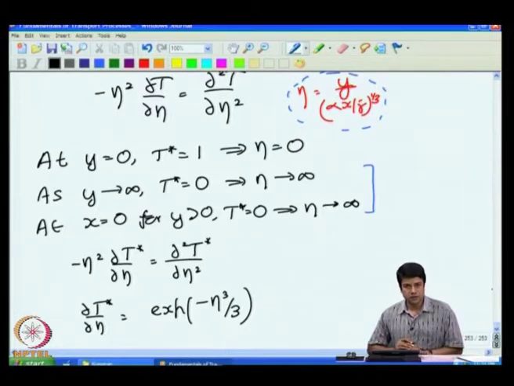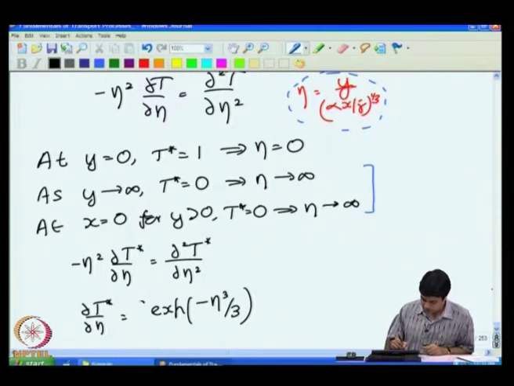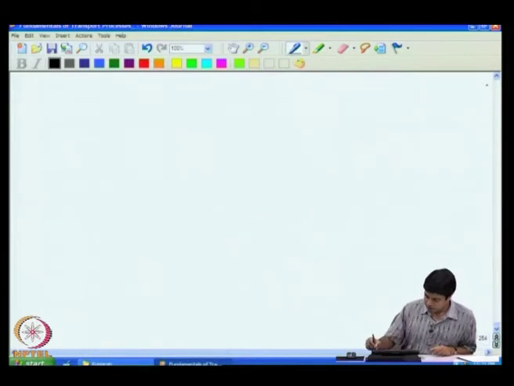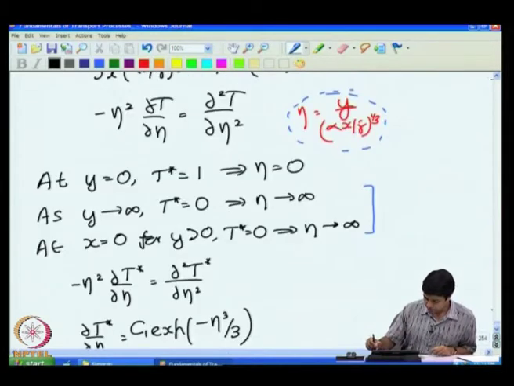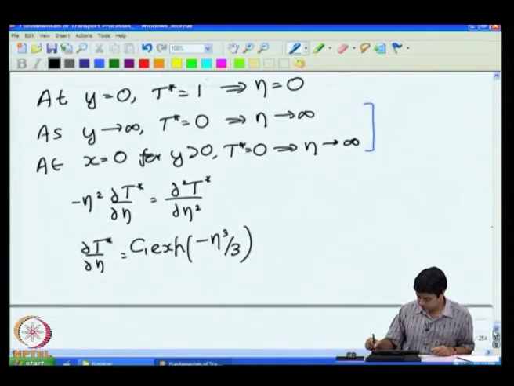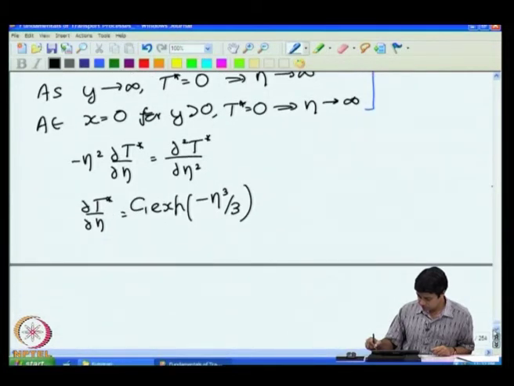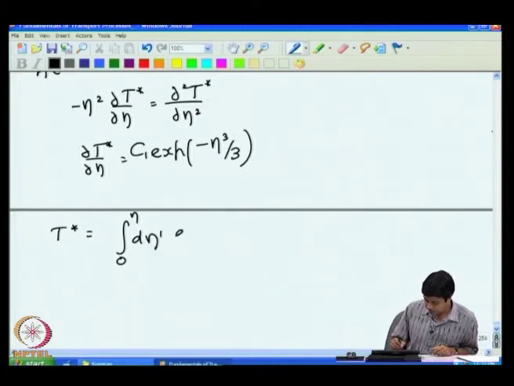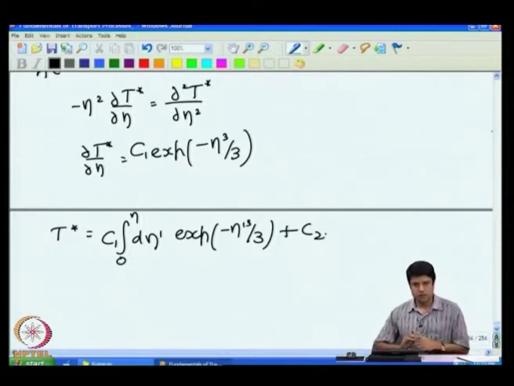I integrated once to get partial T by partial eta is equal to, I am sorry, there is some constant here, C1, e power minus eta cubed by 3, and I can integrate this a second time to get T star is equal to integral from 0 to some value of eta, eta prime, exponent of minus eta prime cubed by 3, plus some other constant C2.